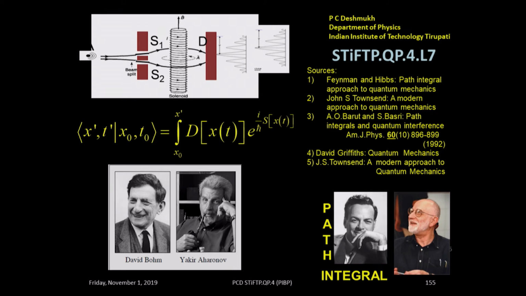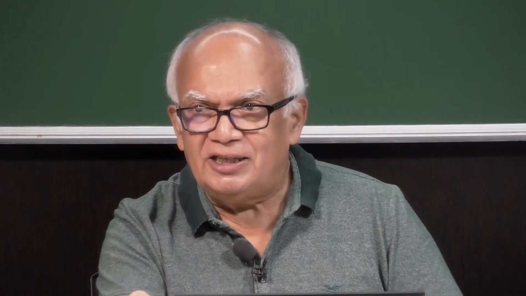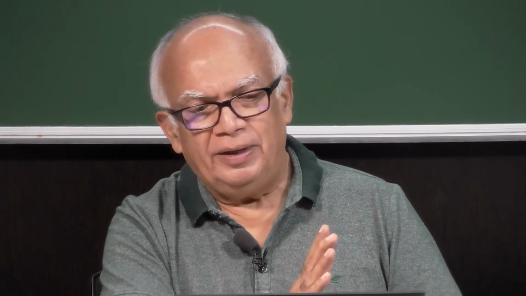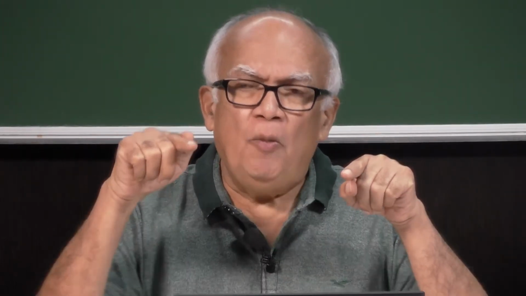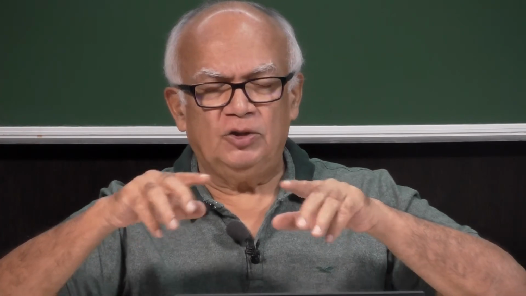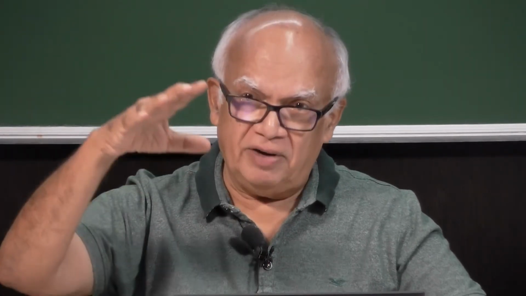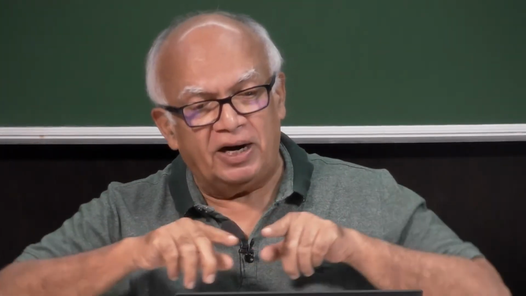But if you keep a solenoid right behind the slit, not so much in the middle between the entrance slit and the detector, but right behind the double slit S1 and S2, then the two electrons which are streaming in from the two slits go past the solenoid, and the solenoid is, as we described it yesterday, not only long but very long and very, very long, so that all the magnetic field is completely inside the solenoid. There is no B outside the solenoid, and the particles are going around it.